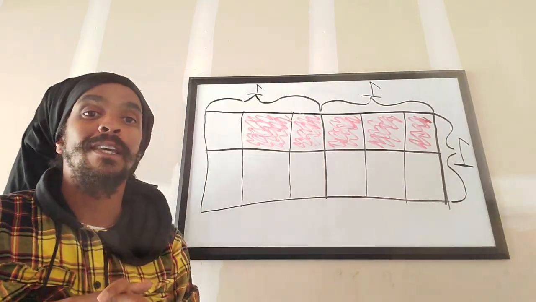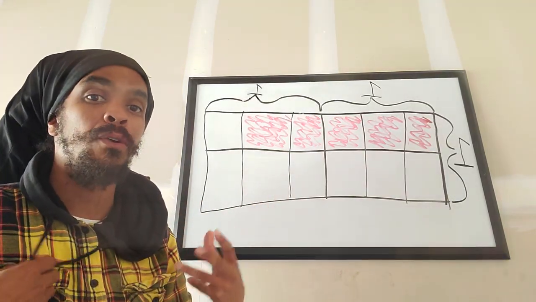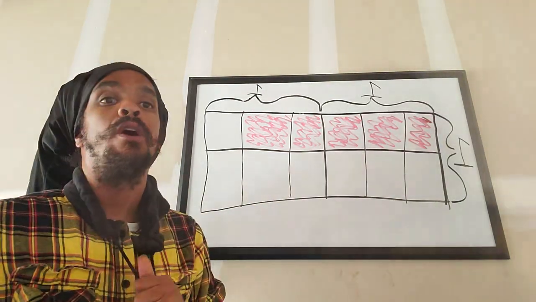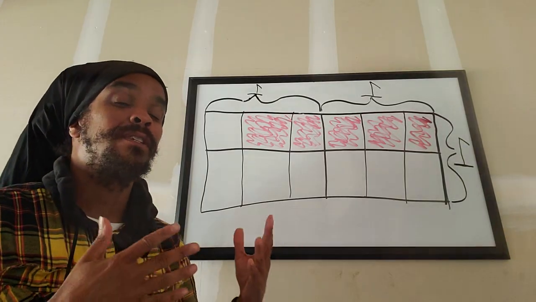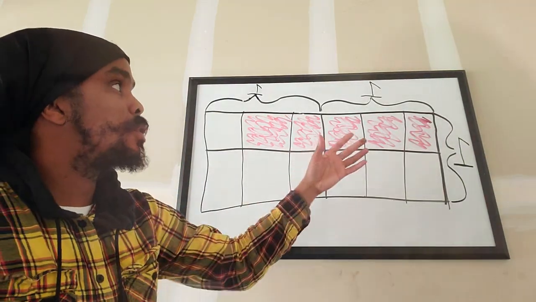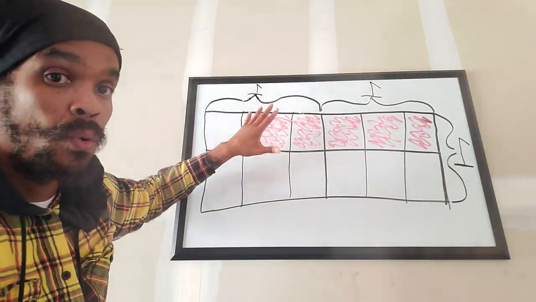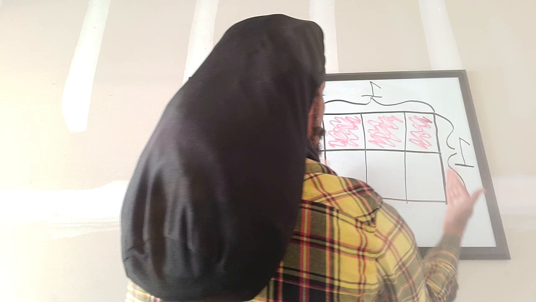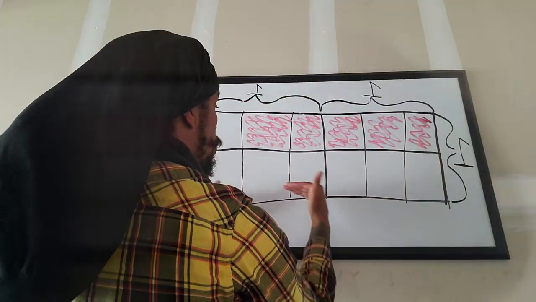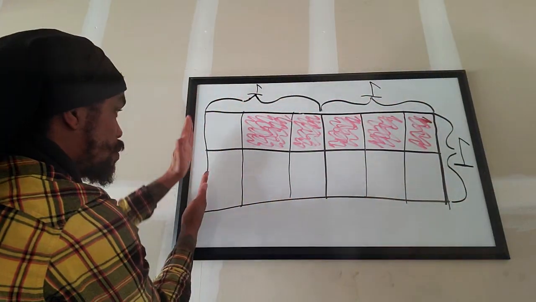So I say all that to say this: when we recognize this as a shaded area model, we need to figure out a multiplication expression representing this, okay? So the real important part is noticing that this is its own whole and this is its own whole. This is a whole and this is a whole, okay? And looking at it from this side, all of this equals one whole.